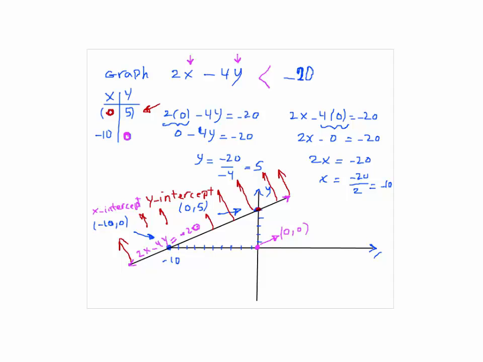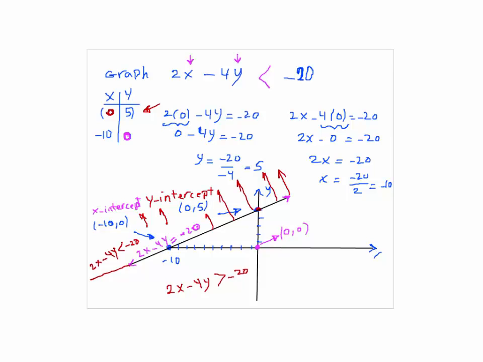So the top would be 2x minus 4y less than negative 20. So the solution below the line would actually be 2x minus 4y greater than minus 20.